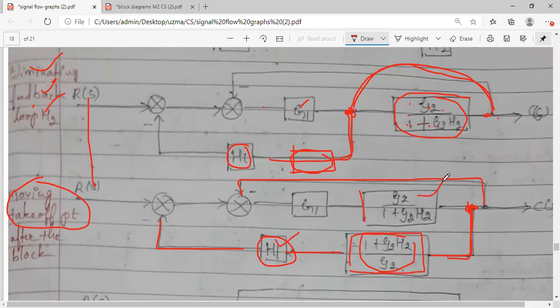So इसका value क्या होगा? Reciprocal of this, जो भी आपको मिलेगा, reciprocal of that gain you have to take. So what is the reciprocal of this? 1 divided by G2 divided by 1 plus G2 H2. So denominator of the denominator is here. This comes to numerator, G2 denominator में आएगा. So just आपको exchange करना पड़ेगा numerator and denominator.